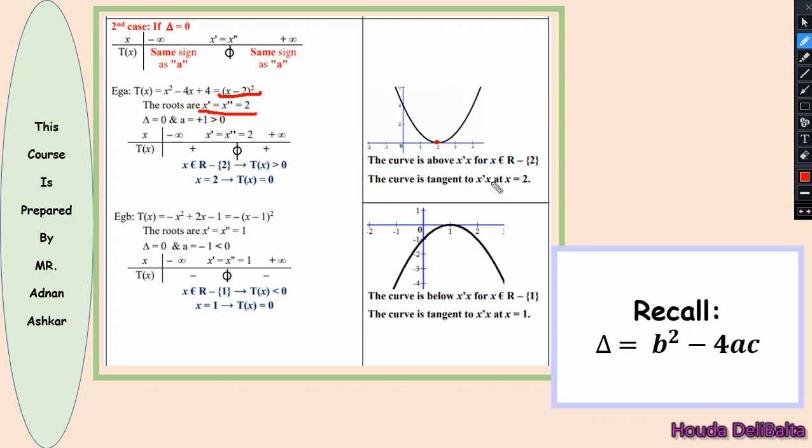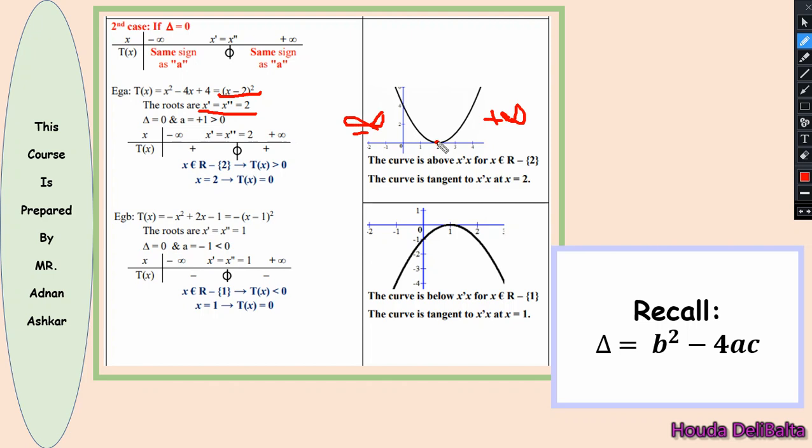Now, let's read what is written here. The curve is above the x-axis for x belonging to R minus {2}. As you see, here you have from minus infinity to plus infinity. As you go that way, the curve is above the x-axis, and as you go that way, also the curve is above the x-axis.